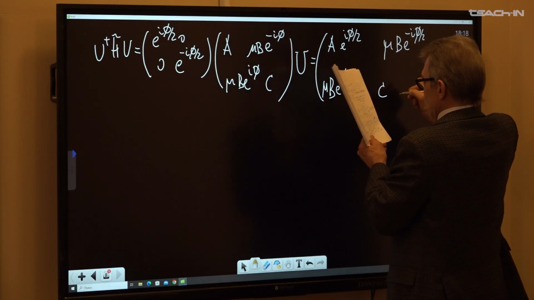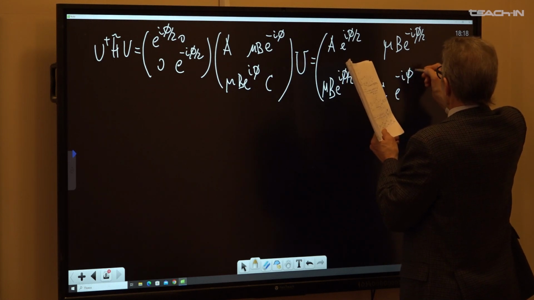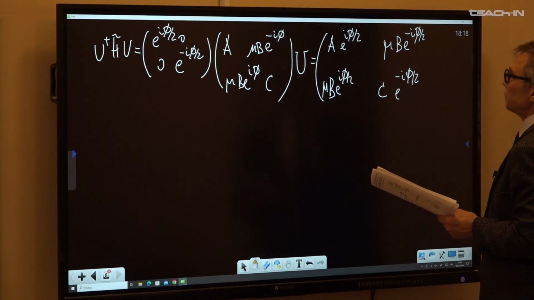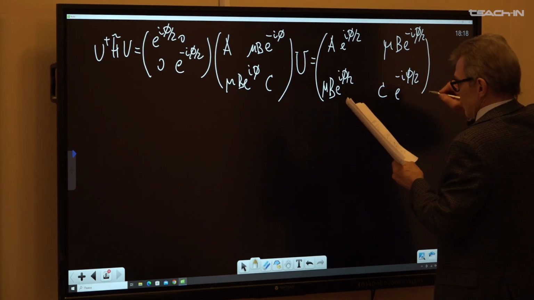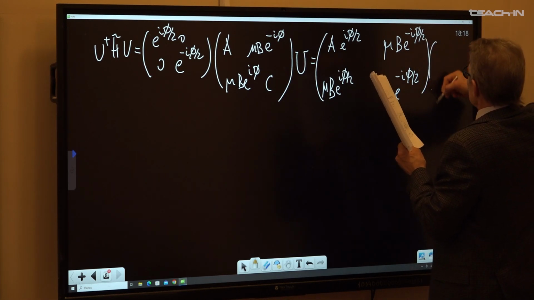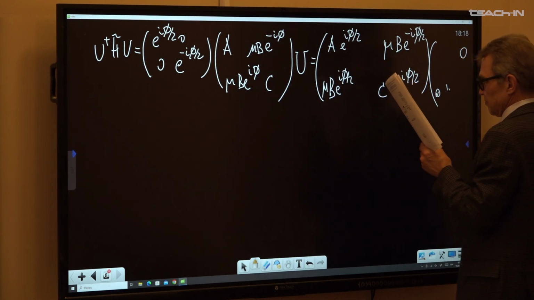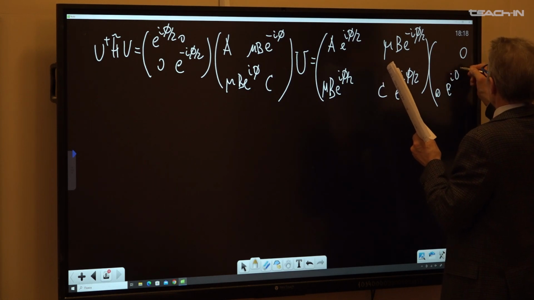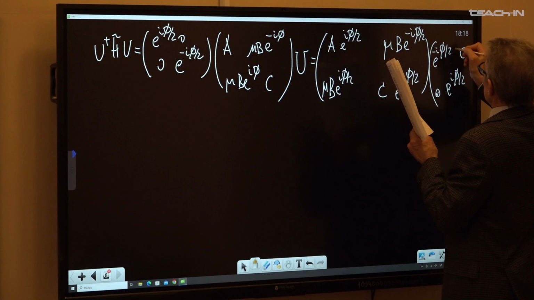And C, exponent minus phi divided by 2. And let's now explicitly write the U matrix. This is 0, 0, exponent i phi divided by 2, exponent minus i phi divided by 2.